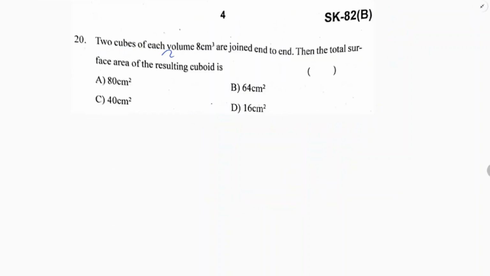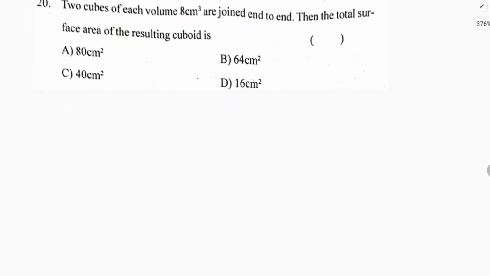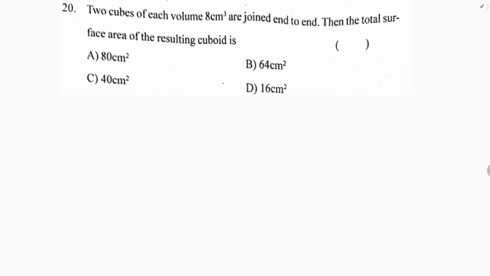Two cubes, each of volume 8 centimeter cube, are joined end to end. Then the total surface area of the resulting solid. So here, two cubes are joined end to end, in this way.